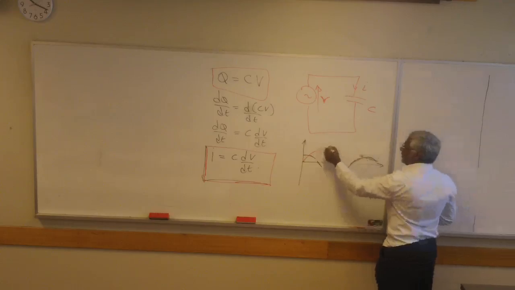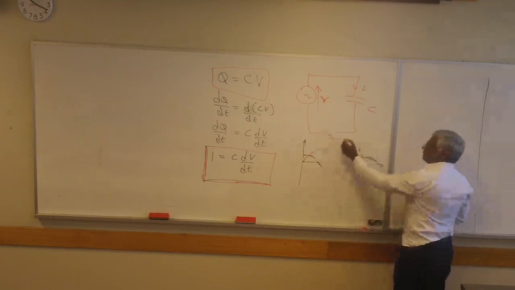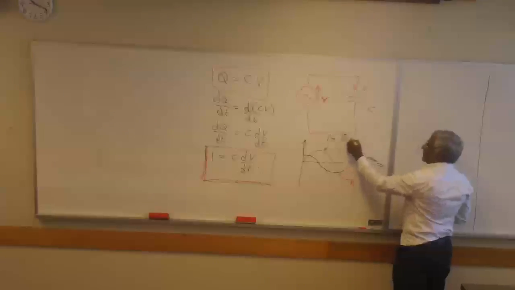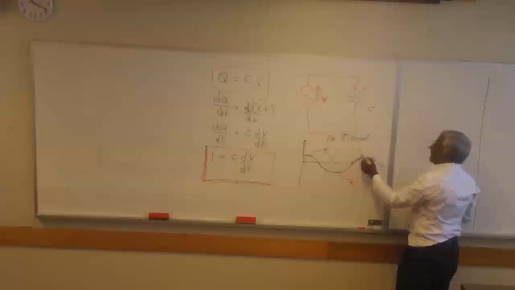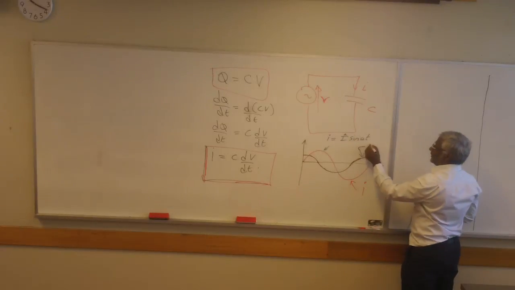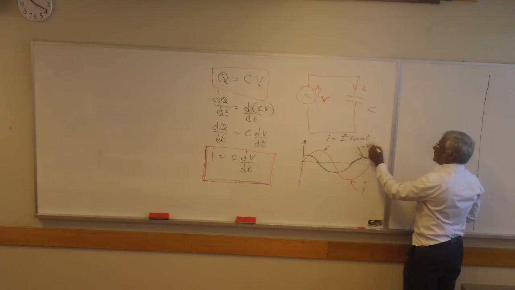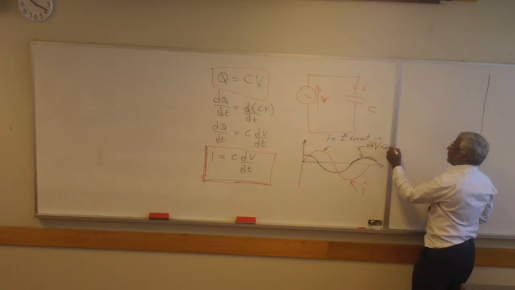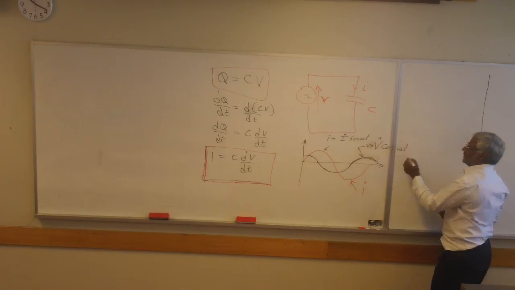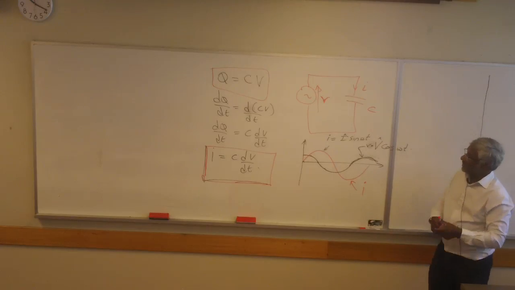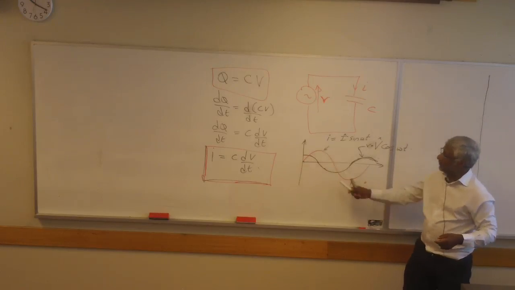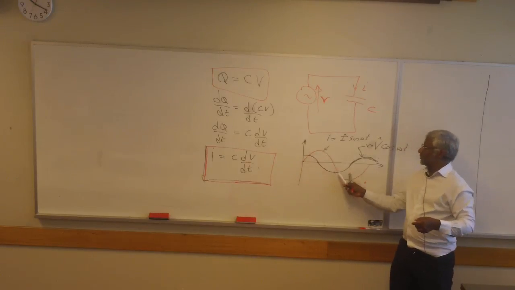So the current I is some peak value times sin omega t, say, and the voltage V is some peak value times cos omega t.